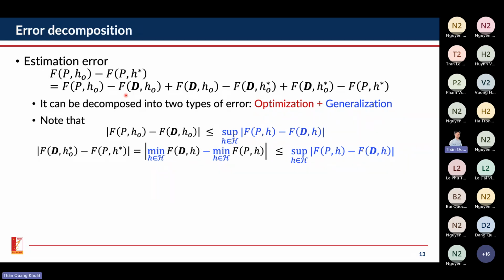Let's observe that these quantities show the difference between the empirical error and the expected error of our trained model, right? And of course, it can be upper bounded by these quantities, right? Here we denote by sup here.